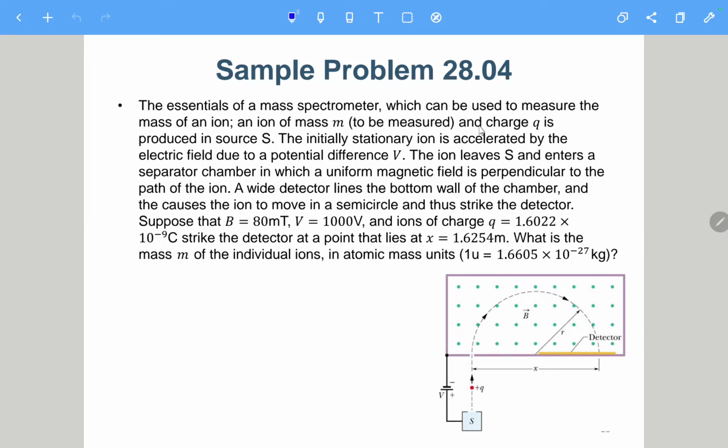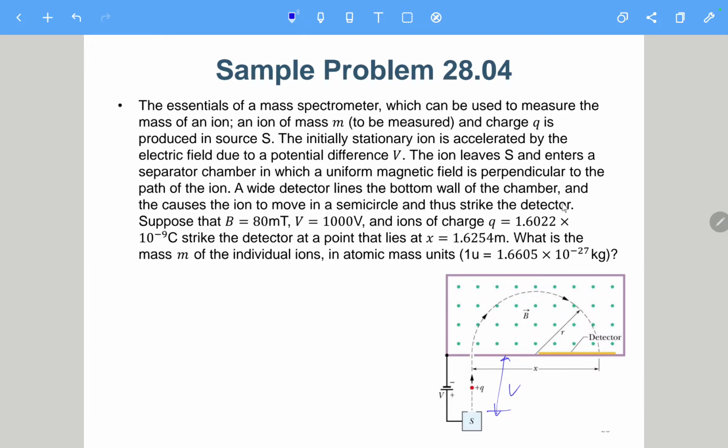It says the initially stationary ion is accelerated by the electric field due to the potential difference V. So from here to here, we have the potential difference from this battery, so it will accelerate the charge up to this point. And then the ion leaves S and enters a separate chamber in which a uniform magnetic field is perpendicular to the path. A detector lines the bottom wall of the chamber.